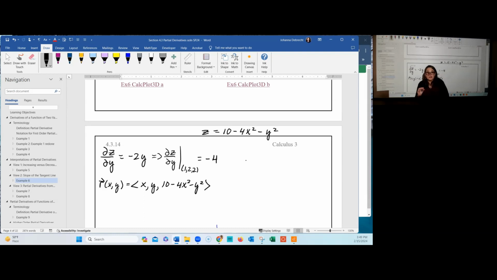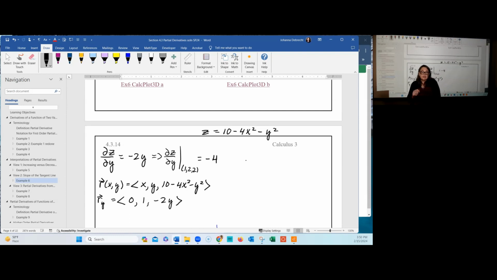To get a direction vector, we take the partial with respect to the same variable we did just a minute ago, which is the y variable. So we're going to take the partial of r with respect to y. When we take the partial of r with respect to y, we get 0, 1, and negative 2y.